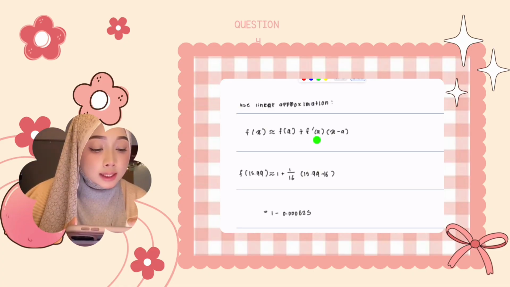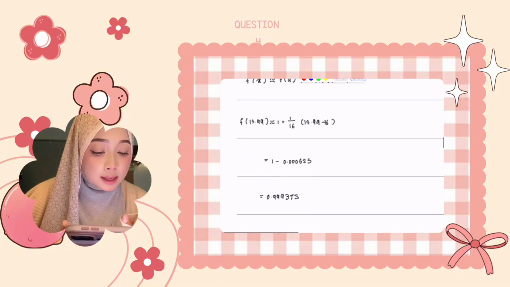Then we will use the linear approximation formula, which is f(x) approximately equal to f(a) plus f'(a)(x minus a).